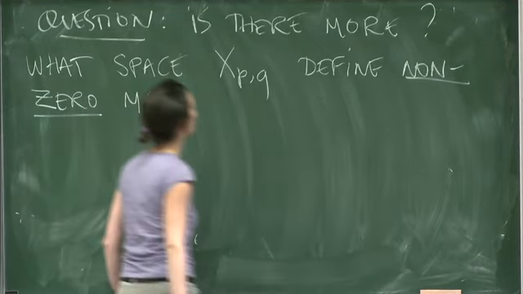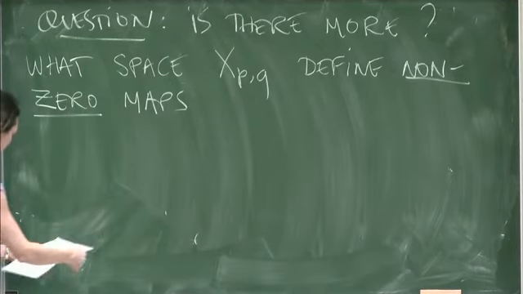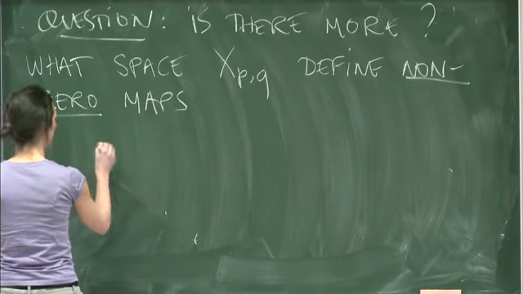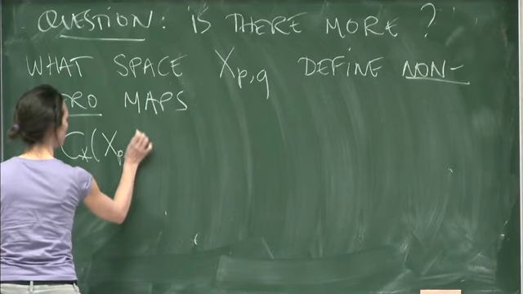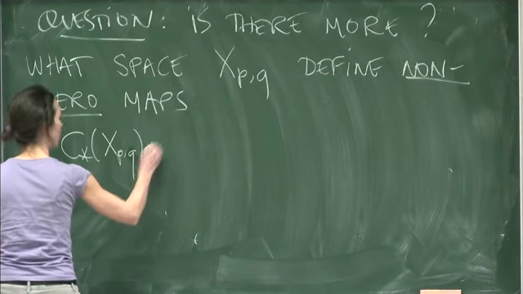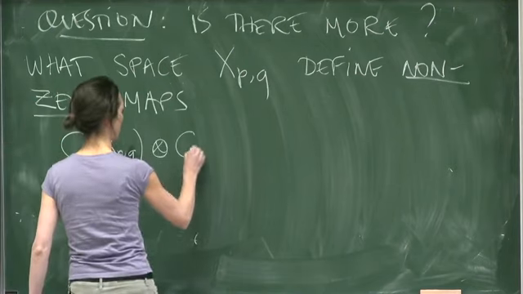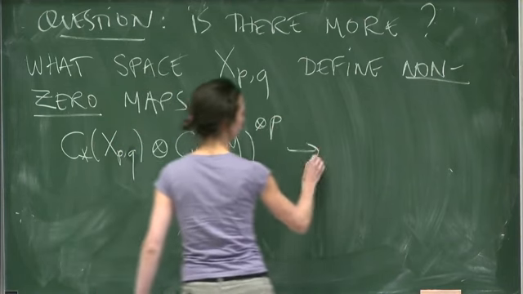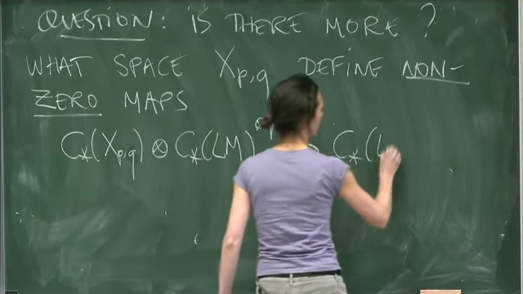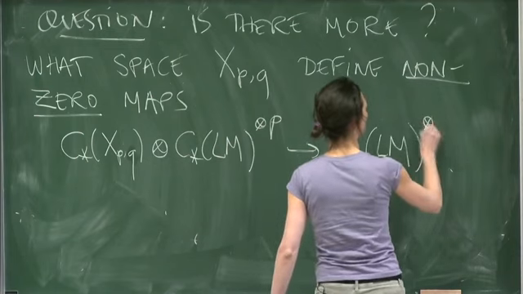So non-zero maps, say on the chain level, from chains of X(P,Q) tensored with chains of the loop space tensored P times, to chains of the loop space tensored Q times.